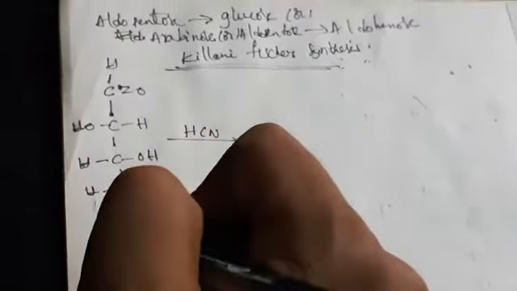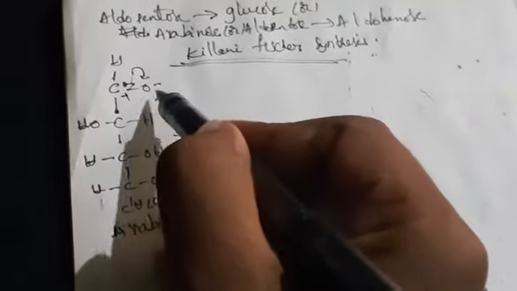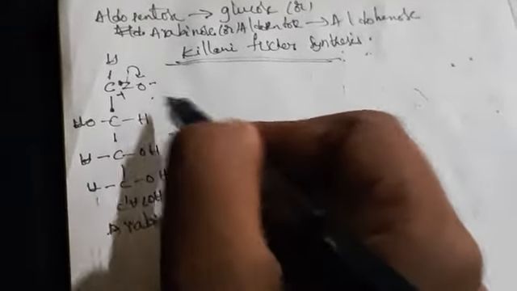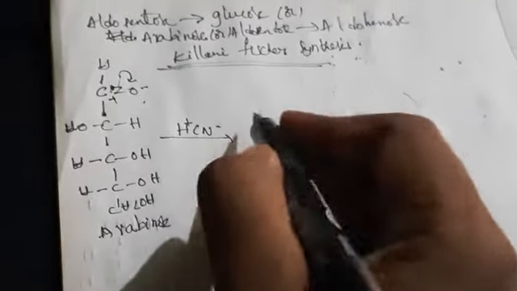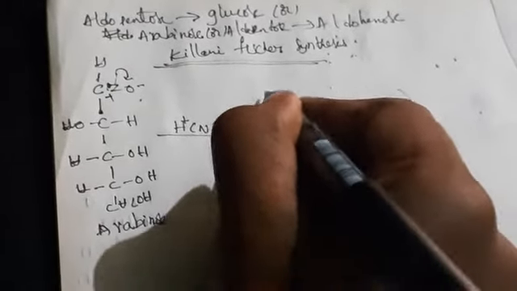So when we treat this arabinose with HCN, H plus and CN minus, the minus charge takes H plus and the plus charge takes CN minus. So how are we getting the CN?